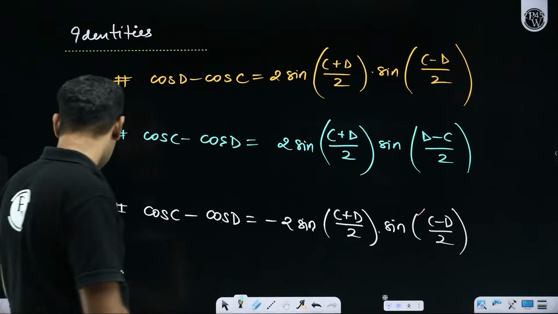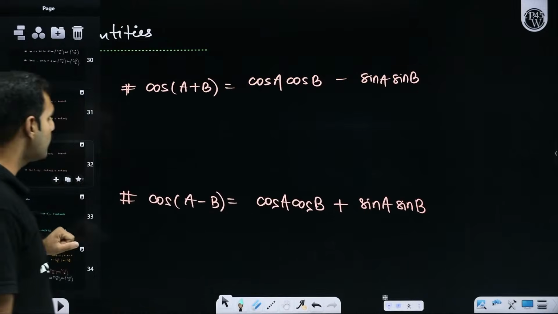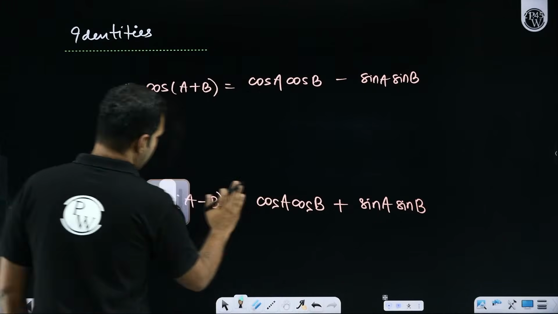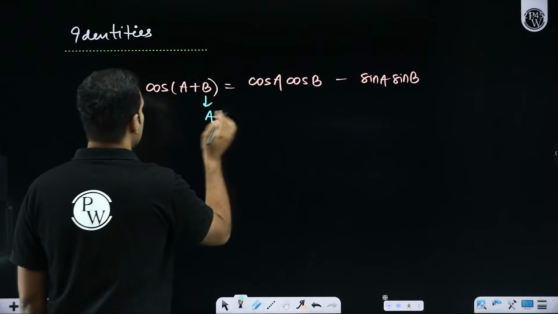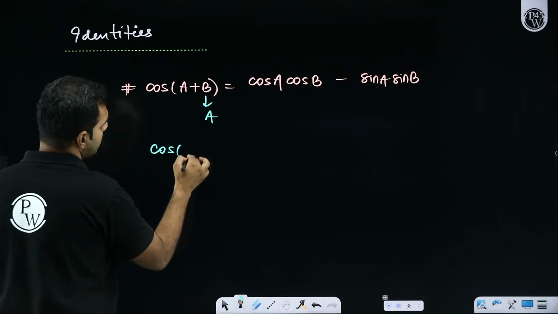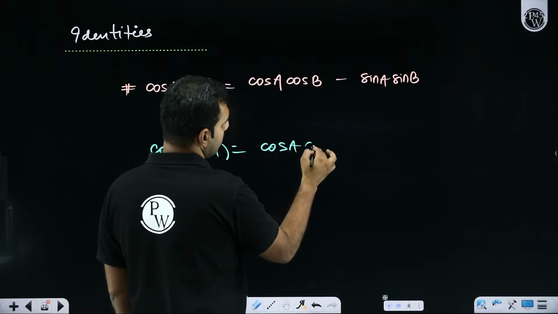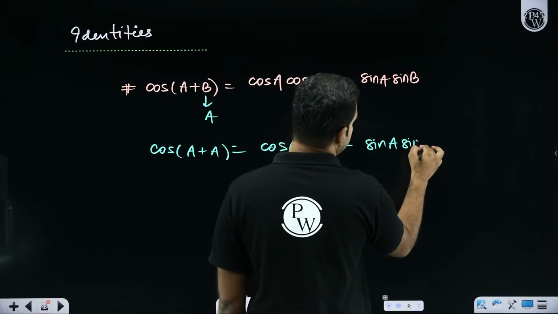With this, the story doesn't end here, unfortunately. The story actually starts here, because in this variant, if I play with the data, let's say, if I simply substitute b by a, what change happens here is, this becomes cos(a plus a). There it becomes cos a minus sin a.